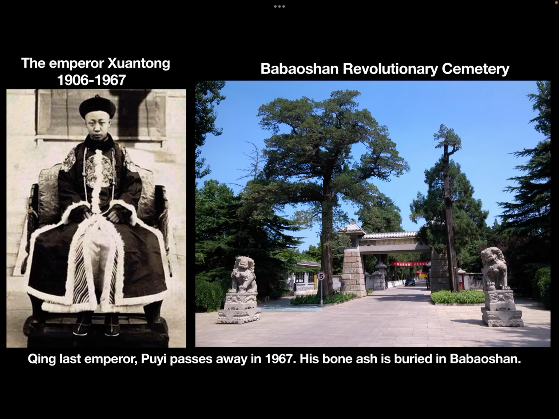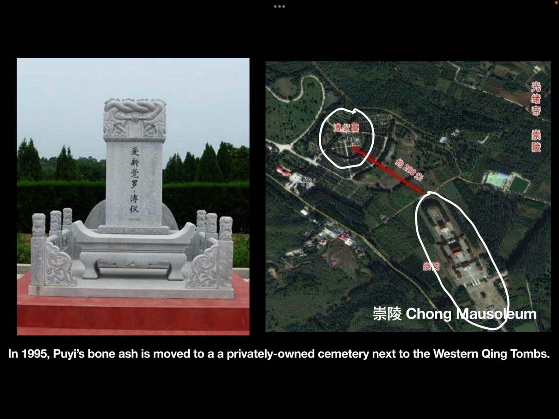Qing last emperor in 1967. His son is buried in Shenjing. In 1995, the Chinese army marched to southern Qing.